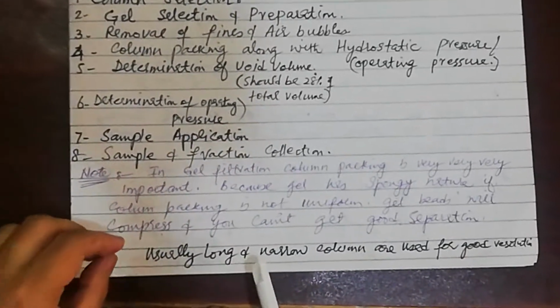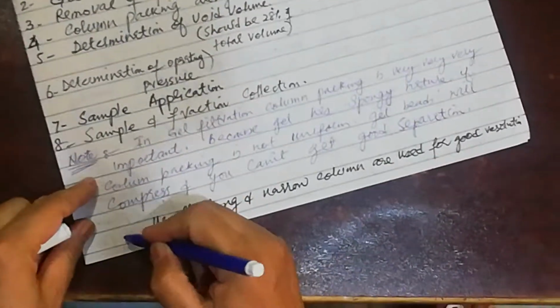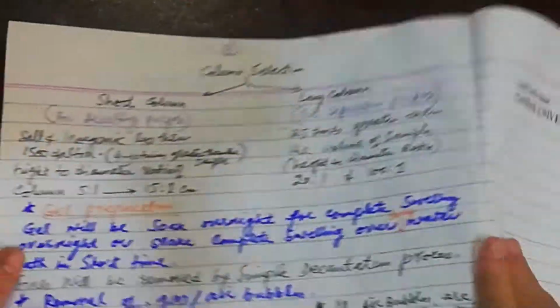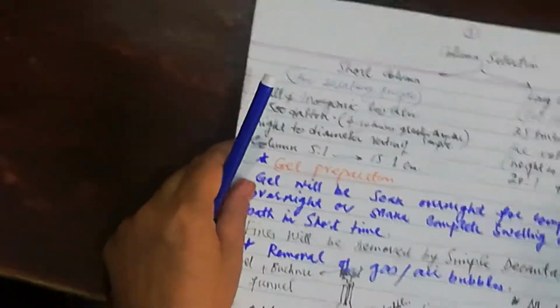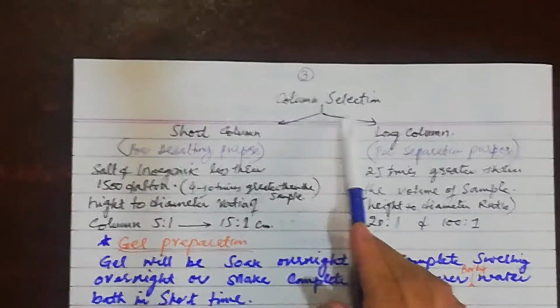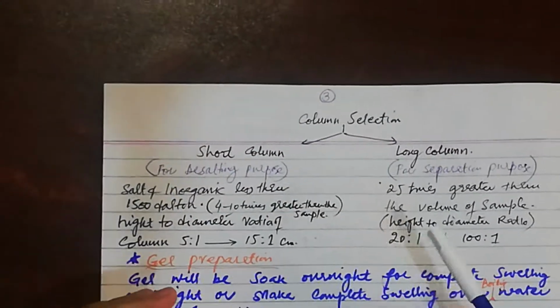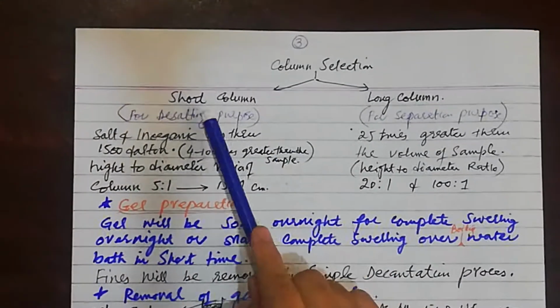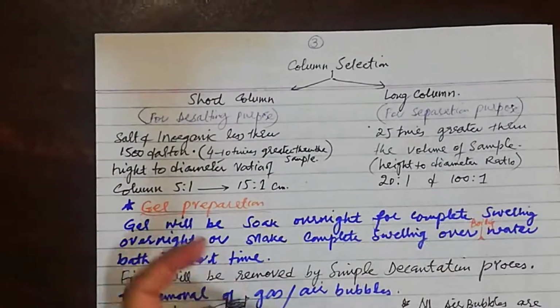Usually long and narrow columns are used, which provide good resolution. The next step is column selection. Usually two types of columns are used: the short column and the long column.